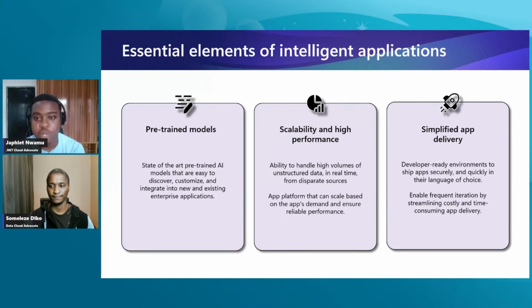Yeah, so something that makes applications intelligent or artificially intelligent is the fact that they should be able to utilize data, existing data or models. And here's something cool about intelligent applications that are built on .NET and on semantic kernel. It's the fact that we are utilizing pre-trained models that have been created by OpenAI.